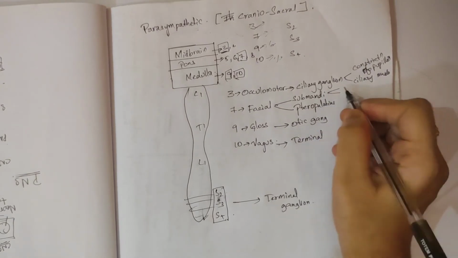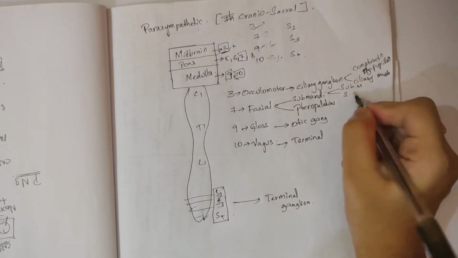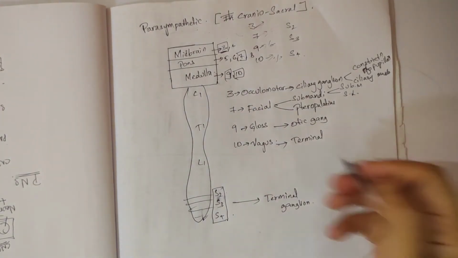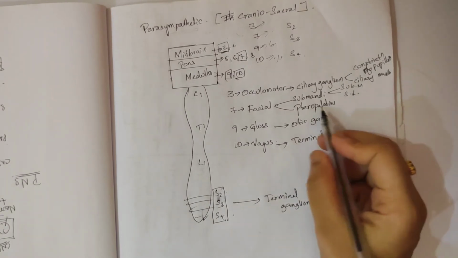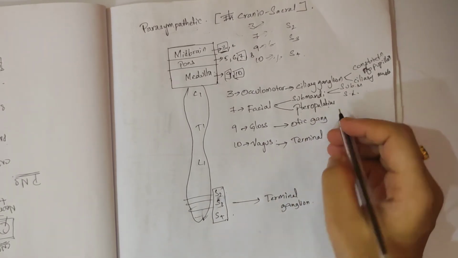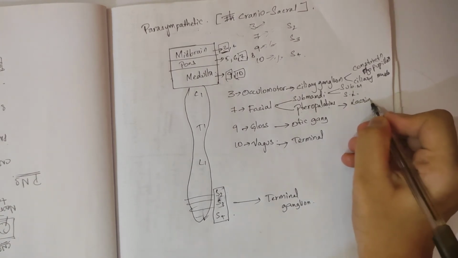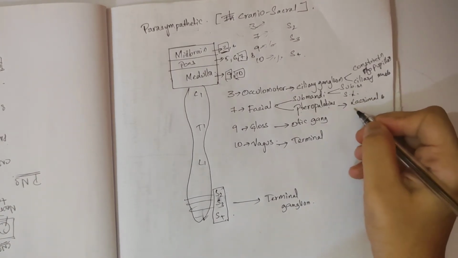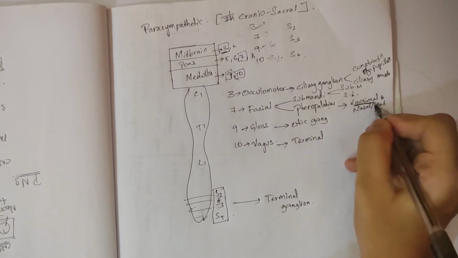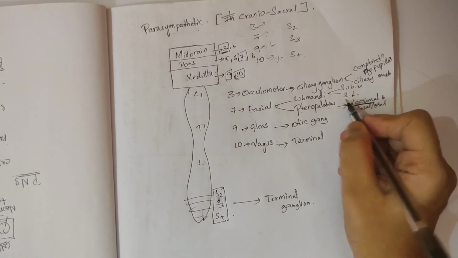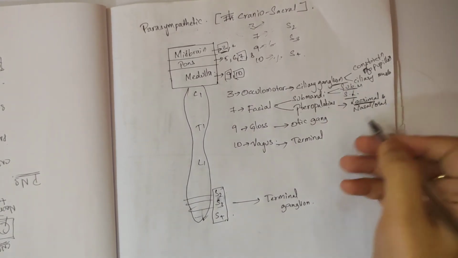It innervates the submandibular and also sublingual glands. What about parotid? Yeah, we'll see later. And now pterygopalatine. This innervates the lacrimal gland and nasal and oral mucosa too. But lacrimal here is important, and the things which I underline are important.